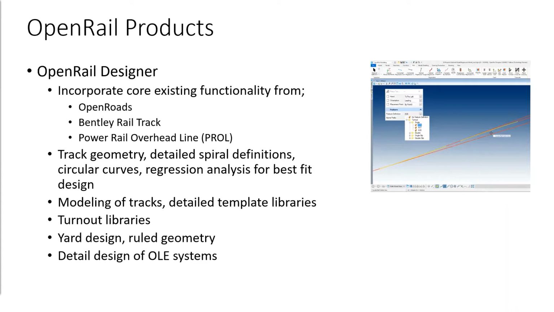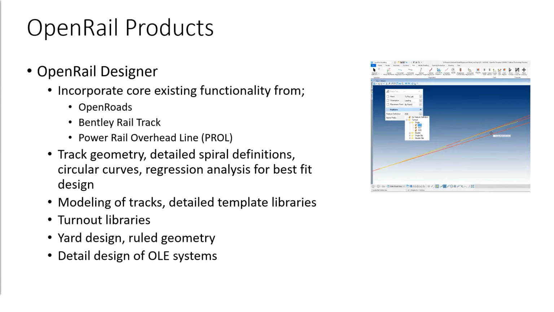So it does what a rail track designer does, which is design the track geometry, inputting the spiral and circular curves, and then you can do regression analysis for the best fit in existing rail tracks. The modeling of the tracks has a detailed template library already ready.